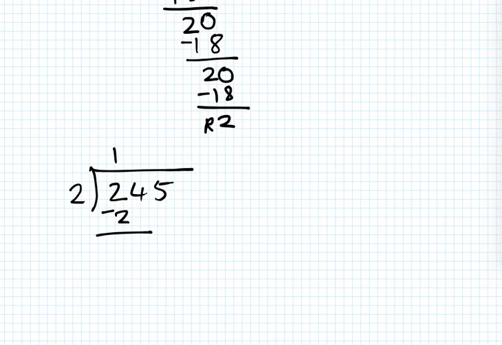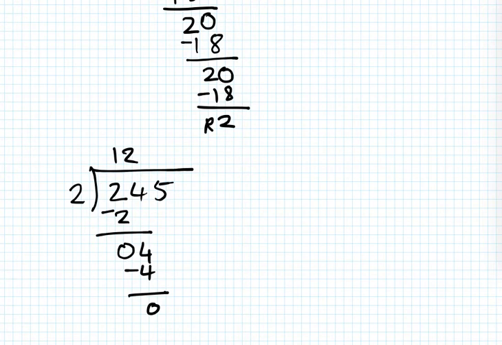Subtract it, becomes 0, right? We drop down the 4. And then you say your 2 times table till you get to 4 or a number close to it. So 1 2 is 2, 2 2 is 4. So 4 subtracted by 4 is 0.